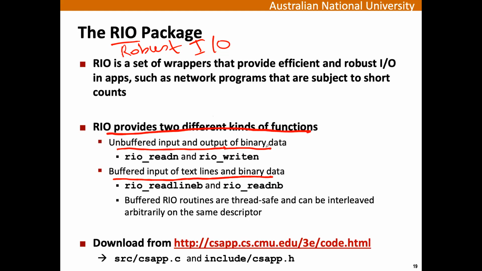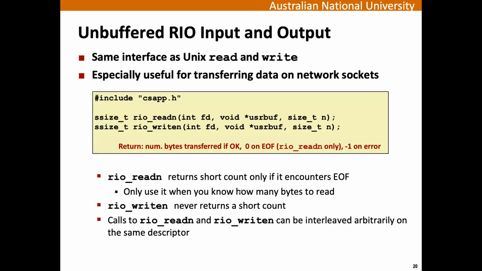So these are the functions that we're going to look at. N means unbuffered, and B here means buffered. So these are the routines we're going to look at. So let's look at unbuffered robust I/O. Now, we will look at buffered routines in a little bit, but I just want to give you a quick intuition.